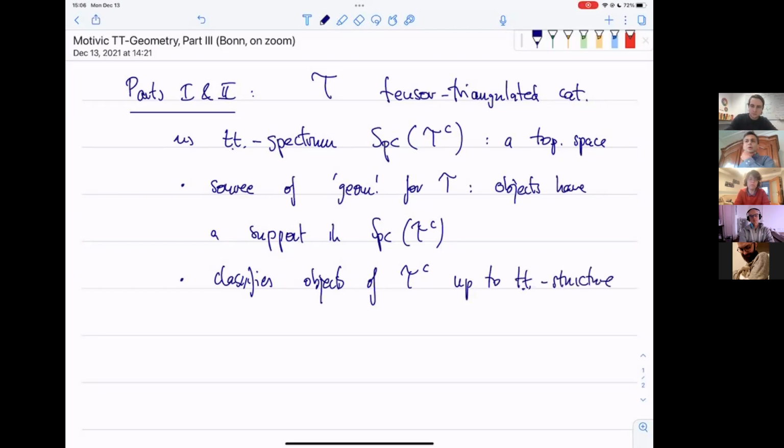What can you build from an object with tensors and triangles and stuff like that? And this is done, the classification is exactly through the support that I mentioned just a moment ago. And you can also think of it as a generalization of the chromatic homotopy theory, chromatic theory in topology.